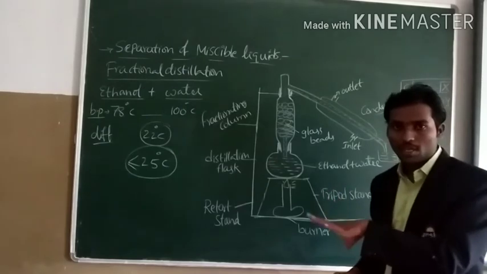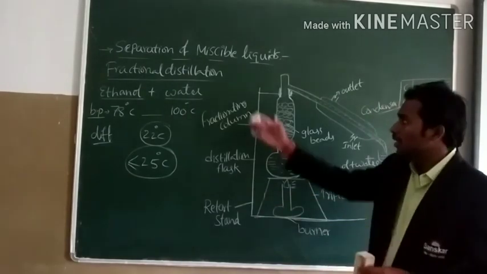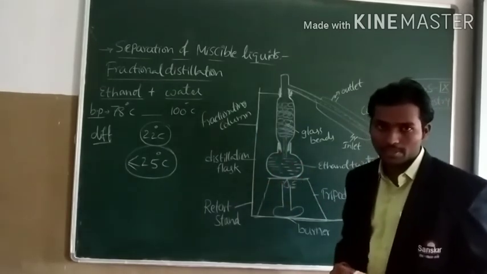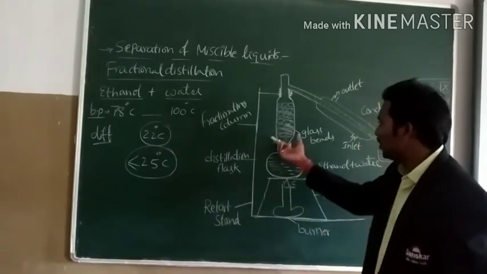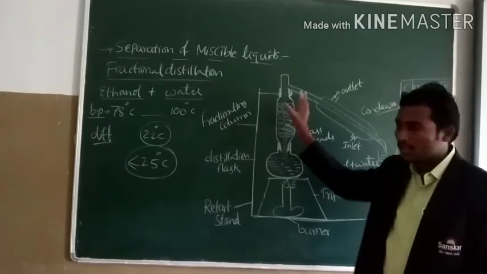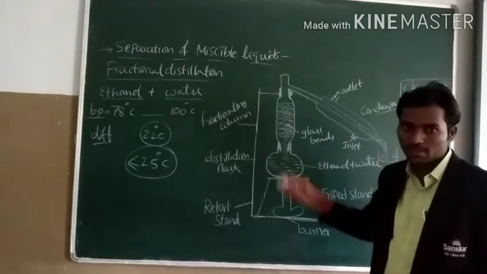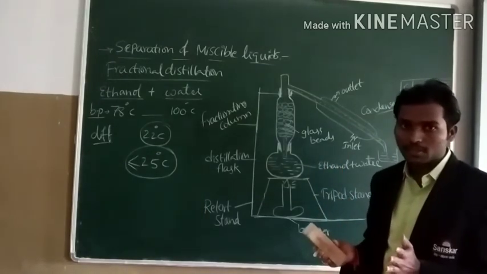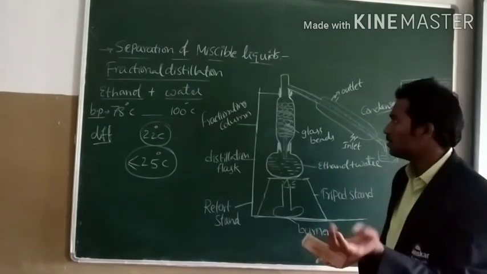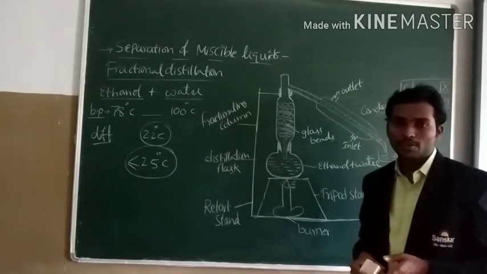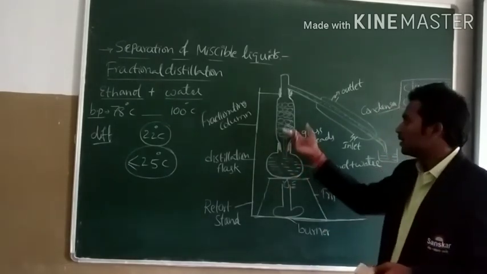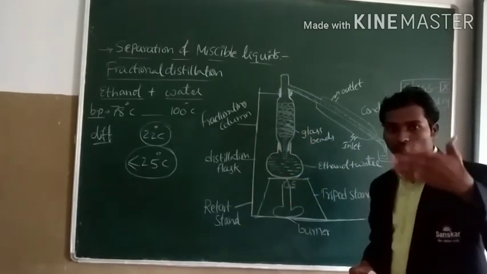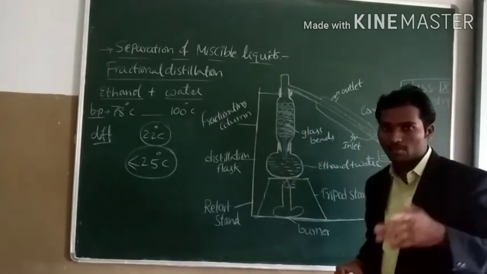So this is the way we can separate miscible liquids when the boiling point difference is less than 25 degrees Celsius. I am repeating, children. We use a fractionating column in the fractional distillation technique because it is made up of a number of glass beads. Glass beads means pieces of glass, which provide a number of free surfaces. These free surfaces increase the rate of evaporation.